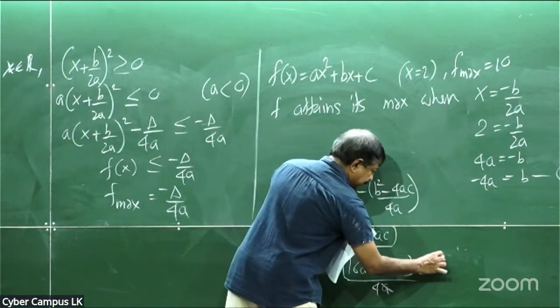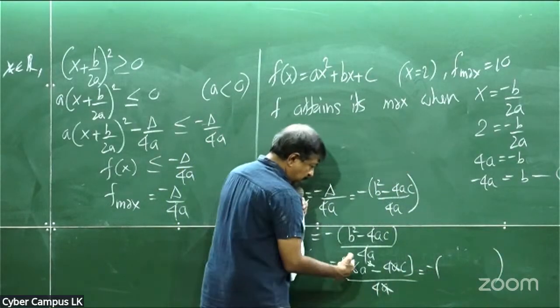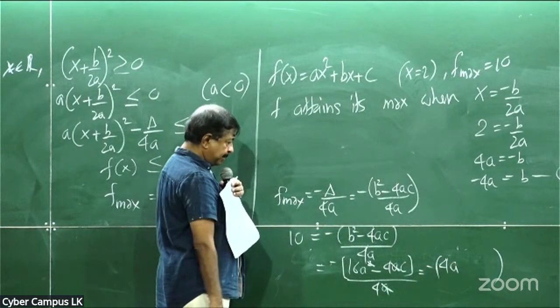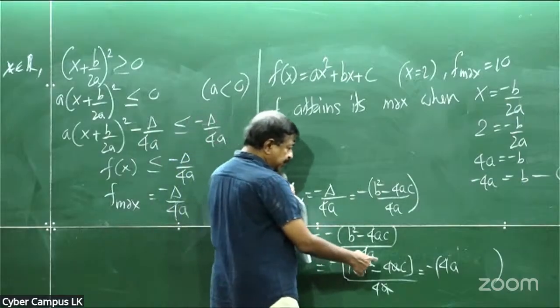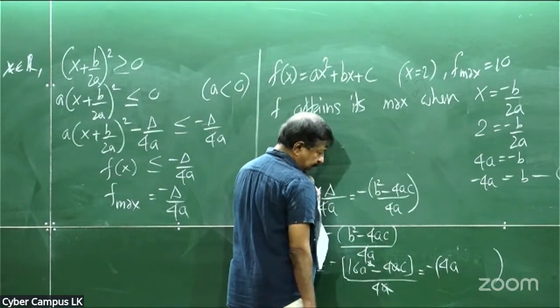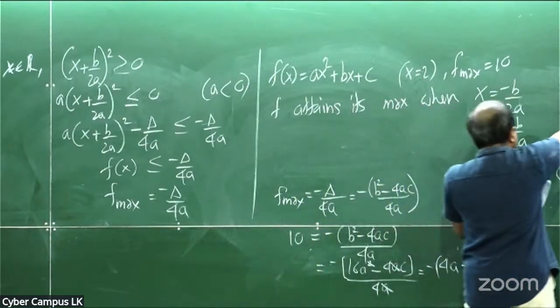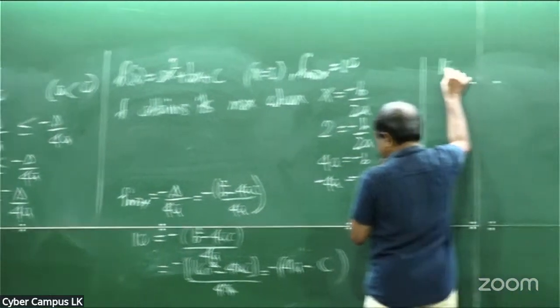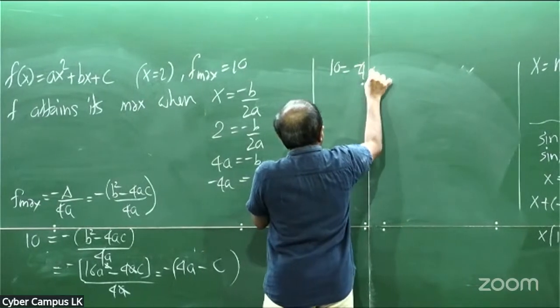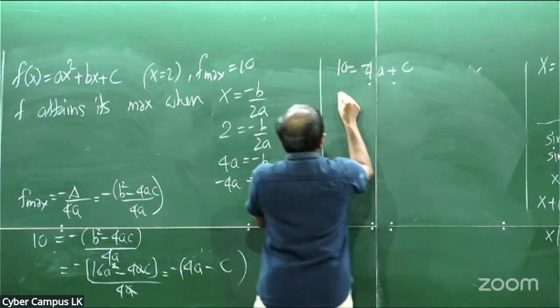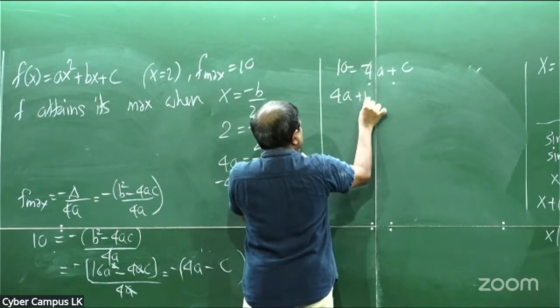So you have minus 4a, and this will be c. If you divide this by 4, you get c. So finally, 10 is equal to minus 4a plus c. So c is 4a plus 10.